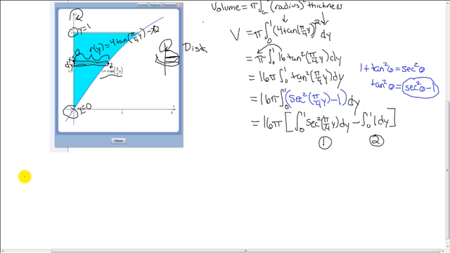Slide this up. Okay, and I'm going to evaluate these integrals one at a time just to maybe make this seem a bit simpler because there is a lot going on at this point in this problem.